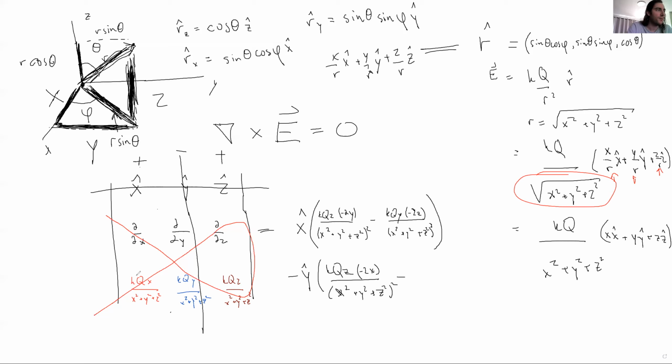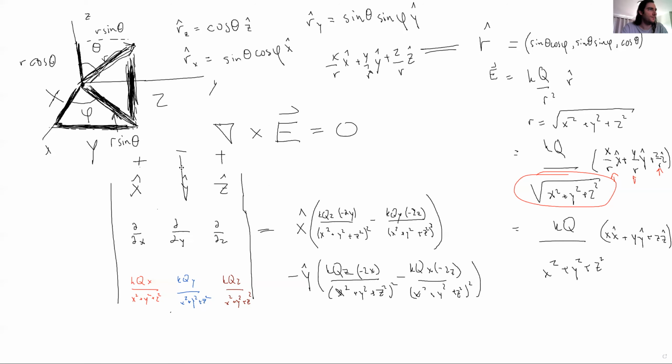The z derivative of the bottom left is kqx times minus 2z over x squared plus y squared plus z squared, quantity squared. And finally, I think you guys all see what's going on here, so I'm going to try and speed up a little bit because it is kind of tedious. Okay, for the last term here, we go along the z hat.